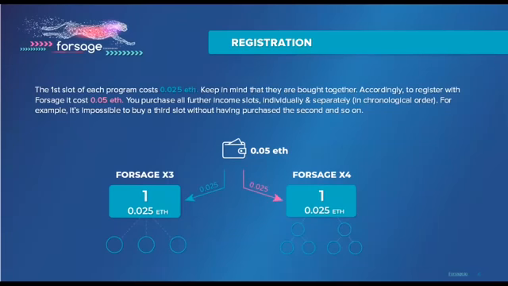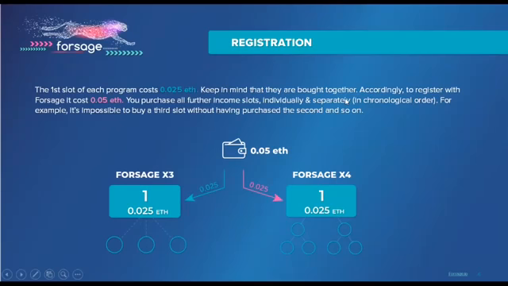Let's move on to the registration and explain again what I already brushed on. When you come into the program, the first slot of each program costs 0.025 Ethereum, and that is happening together. So when you come in, that 0.05 pays 0.025 on Forsage X3 and another 0.025 on Forsage X4. You purchase all of the further income slots individually and separately.